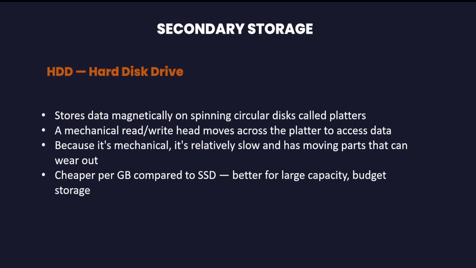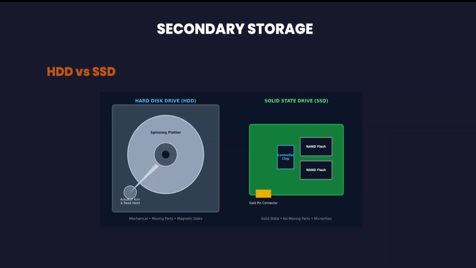HDD or hard disk drive is a high capacity storage device found inside computers or used externally as well. It stores data magnetically on spinning circular disks called platters. A mechanical read write head moves across the platter to access data. So, see the picture on the left side.